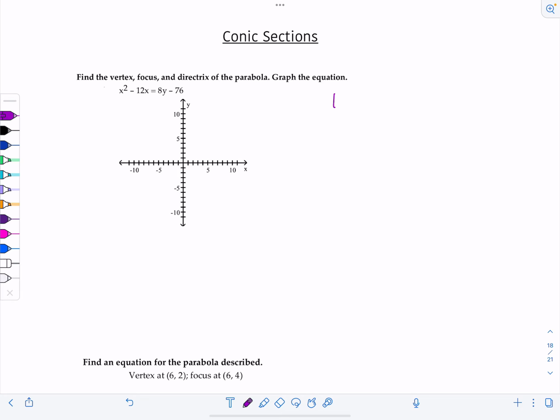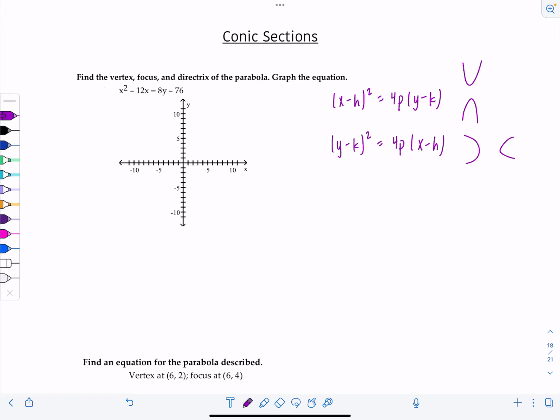You could have x minus h squared equals 4p times y minus k. That's for one that's opening up or down. Or you would have y minus k squared equals 4p times x minus h. That would be one opening this way or that way. If you forgot what p is, that's the distance from vertex to focus. And then h, k is the vertex.